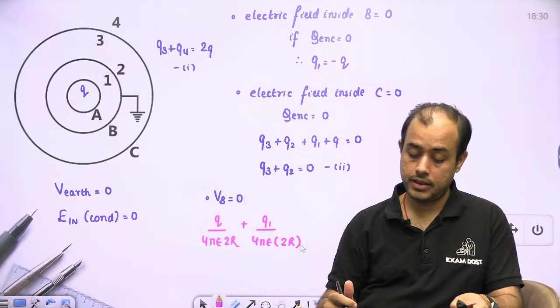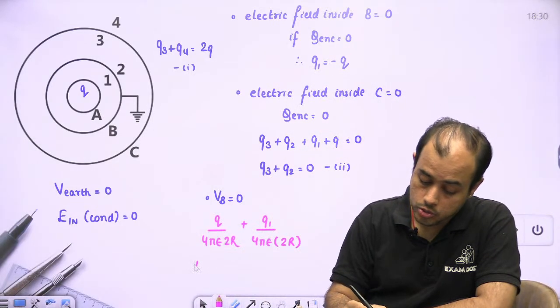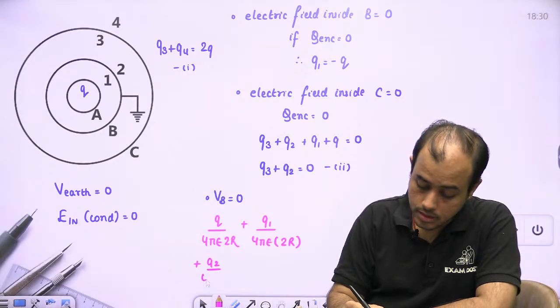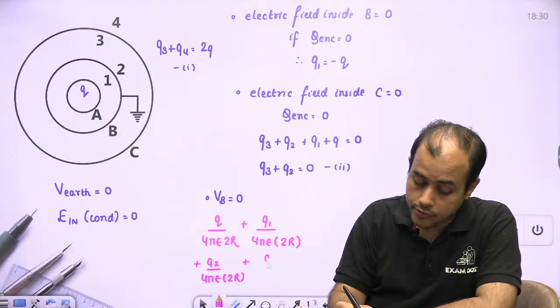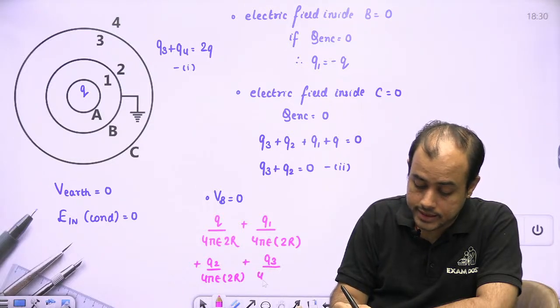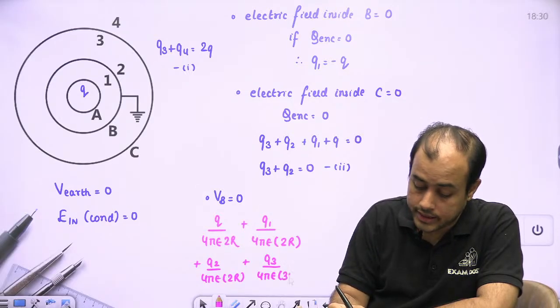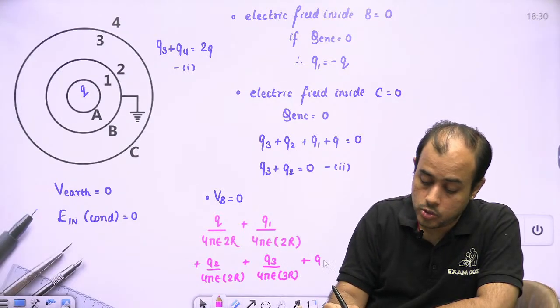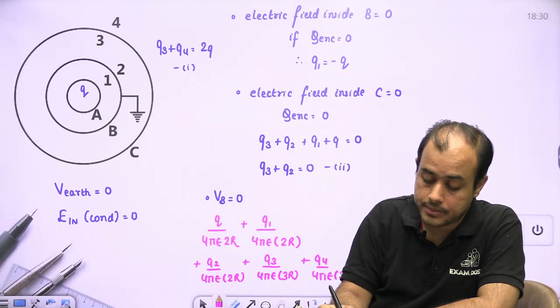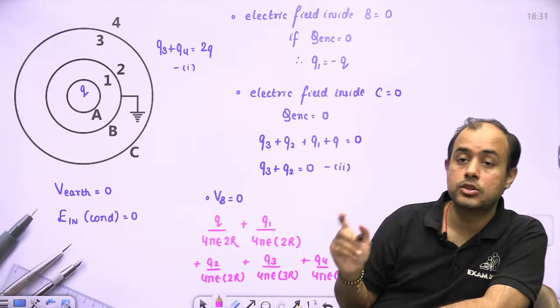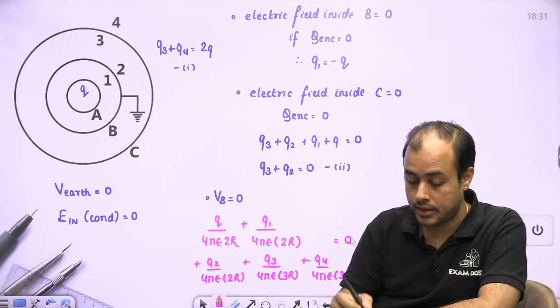Q1 की वजह से. Then because of Q2, Q2 by 4 pi epsilon 2R. But now for Q3, it lies inside. So you take the outer radius 3R. For Q4 also it lies inside. So you take the outer radius 3R. जब स्फीयर के अंदर लेते हैं तो स्फीयर का रेडियस लिया जाता है.